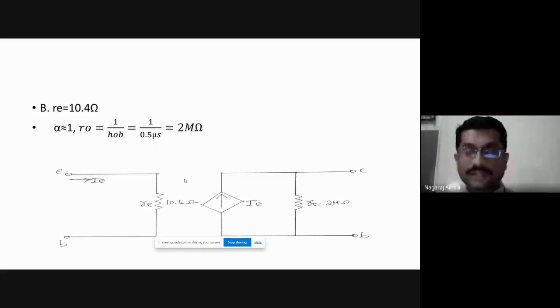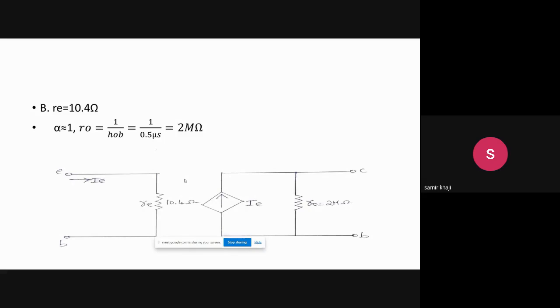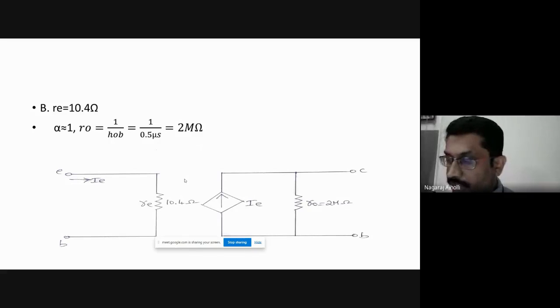Clear? Yes. Okay. Surya Banu, was it understood? Ankita? Yes, sir.